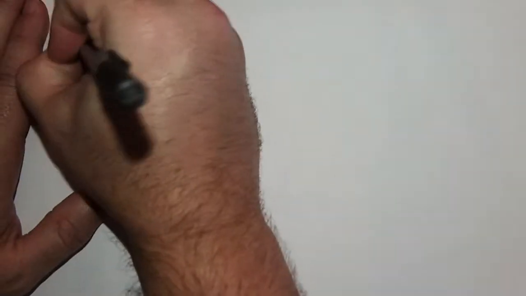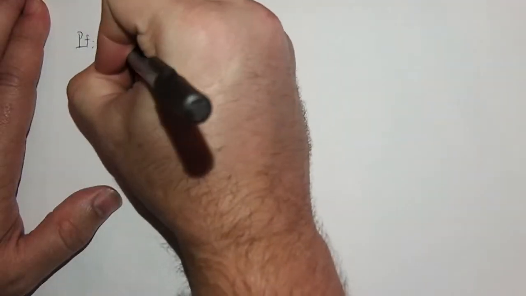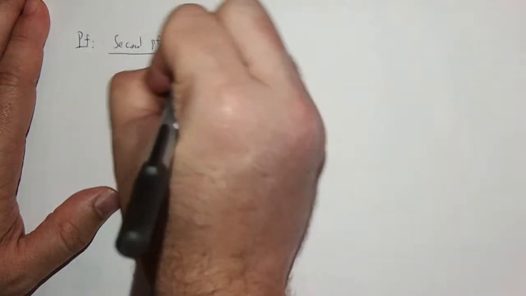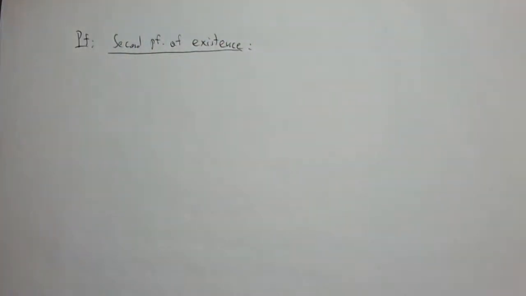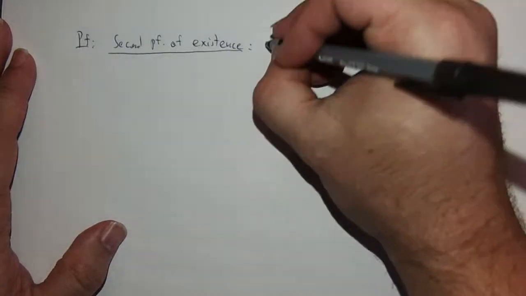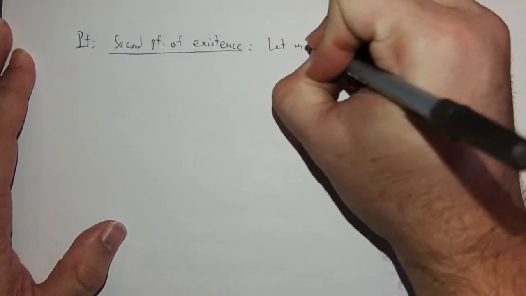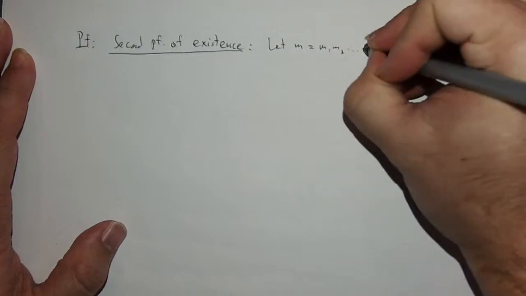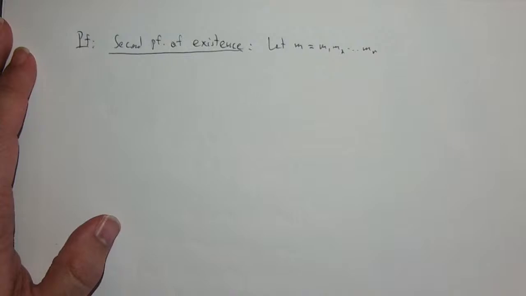As before, we have a second proof, and it actually is very similar in spirit. So proof, second proof of existence. So what is this? The second proof of existence starts out by saying, let M be the product of all the m sub i's.